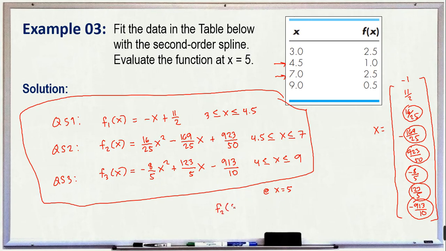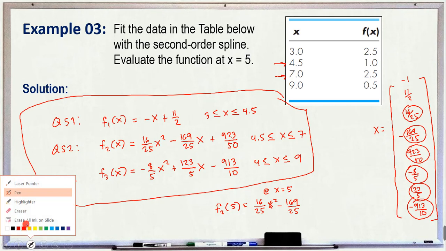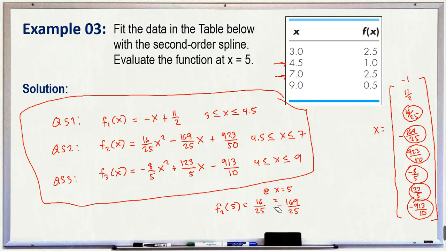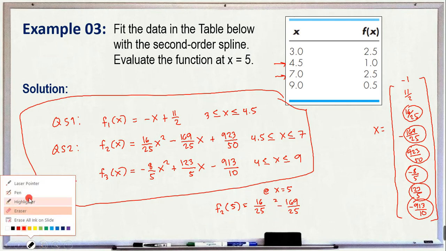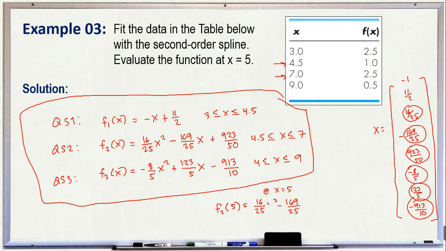So, that is f sub 2 at 5 is equal to 16 over 25 x squared minus 169 all over 25 x plus 923 over 50. Sorry, let's substitute 5. Then times 5 plus 923 over 50. So, what is the answer?